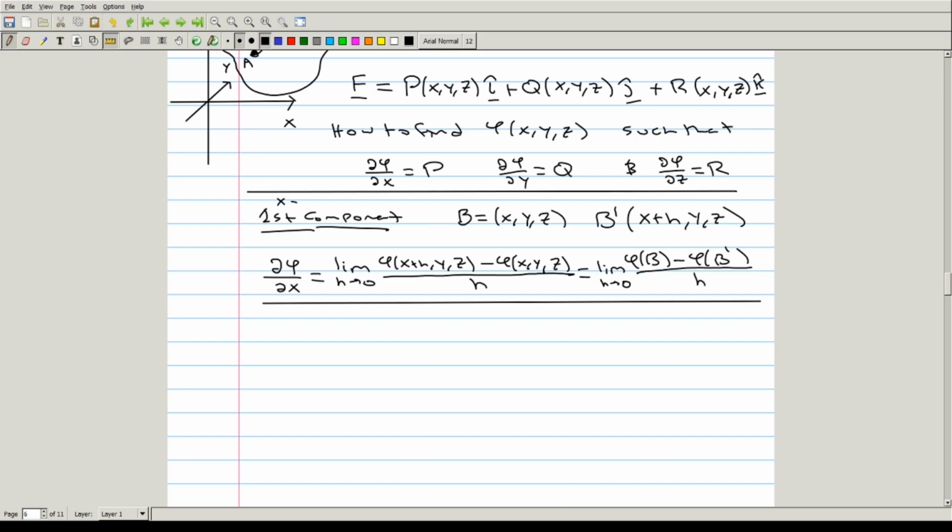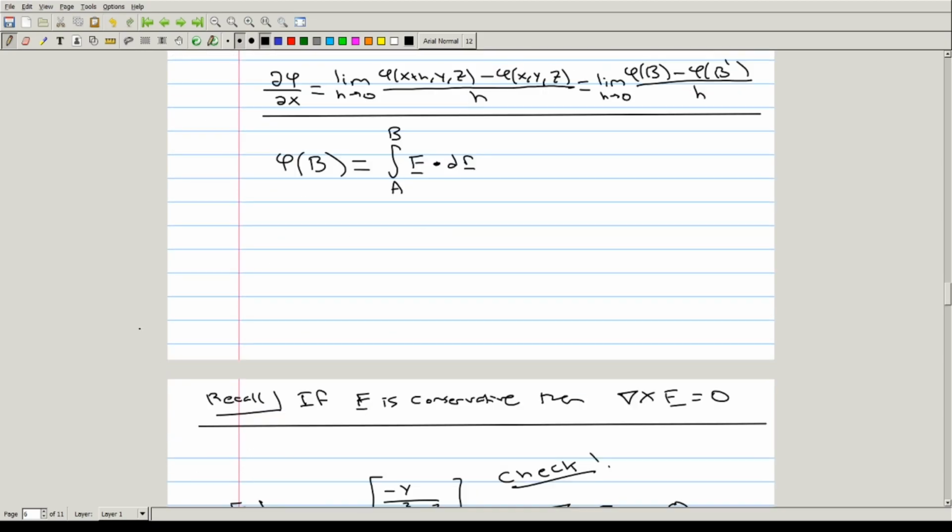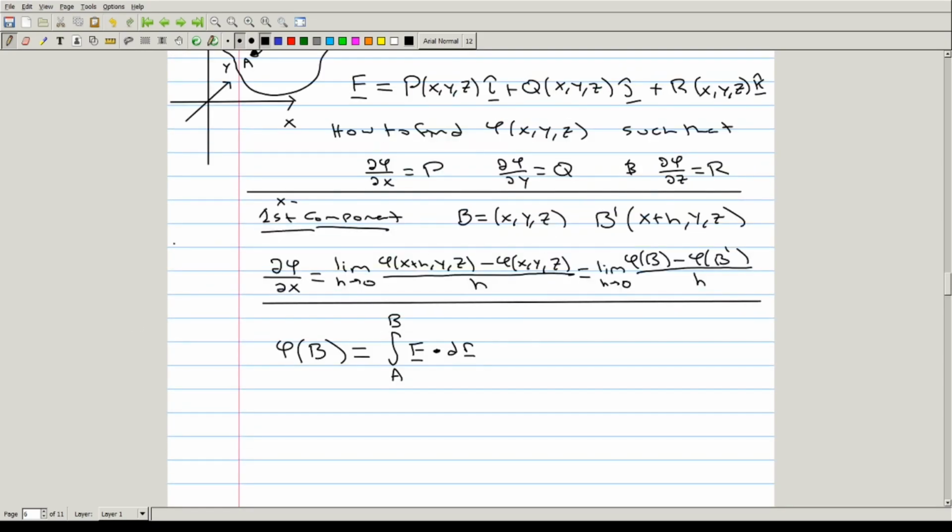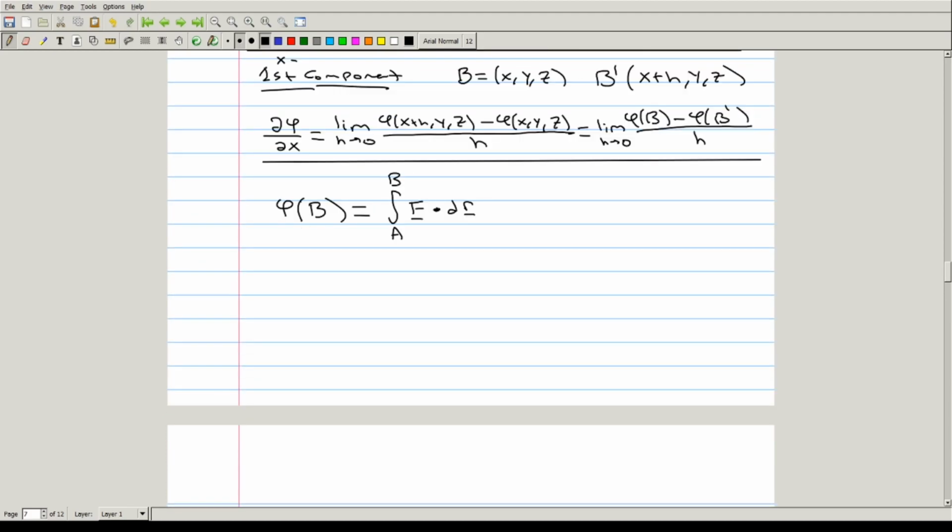We'll define the function phi at the point B to be exactly the line integral from A to B of f dot dr. We can make this definition exactly, and there's no problem with doing that.